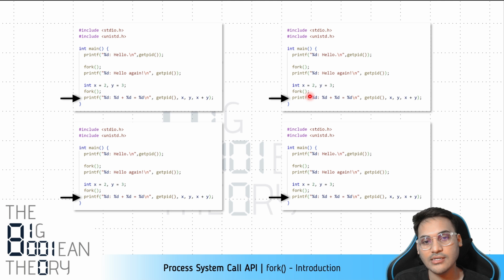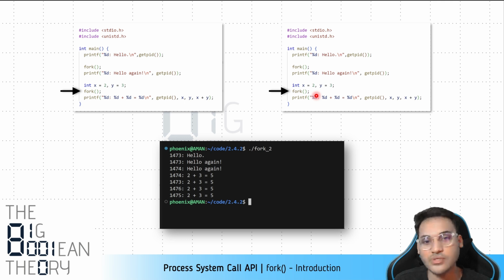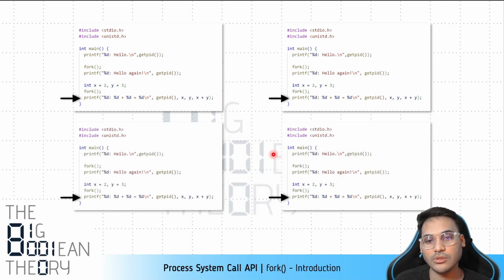And as we discussed, when we return from the fork system call, the execution will resume. In the parent it will resume from the next statement, and in the child it will start from the next statement. So these two new processes that you see here, the execution is starting from here, right? The state of execution was something like this, and after the fork return, these are the two new child processes that have been created. And here this is the statement that will be the first one to be executed.